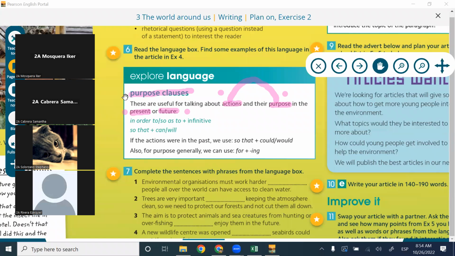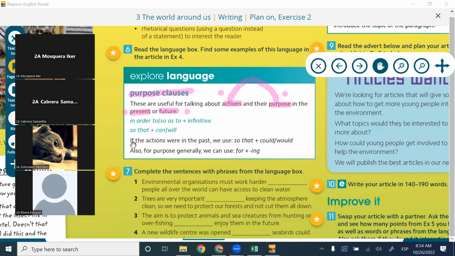Yes, please read. Purpose clauses. These are useful for talking about actions and their purpose in the present or future. In order to or so as to plus infinitive, so that plus can or will.